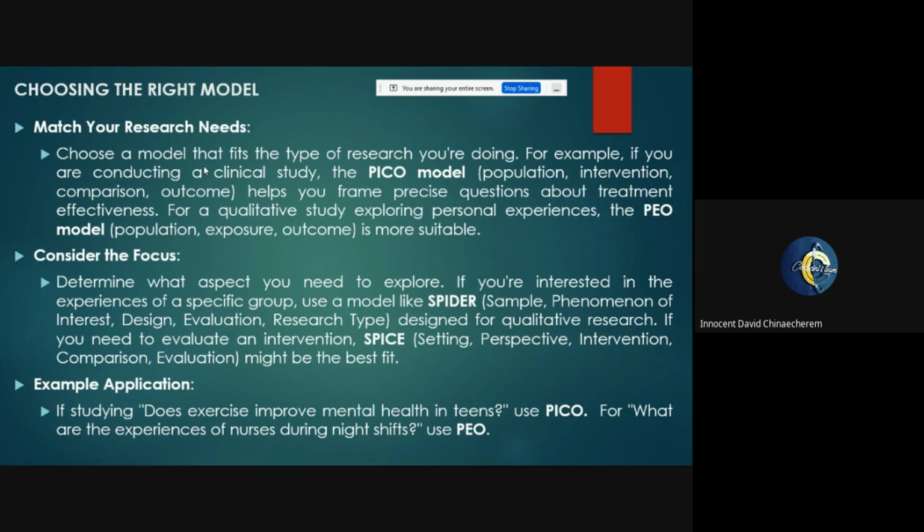Maybe we looked at an example here of domestic violence or gender-based violence or whatever, workplace violence. You need a framework that is suitable, and the SPIDER framework is very important. It's advisable. So we have the SPICE as well.